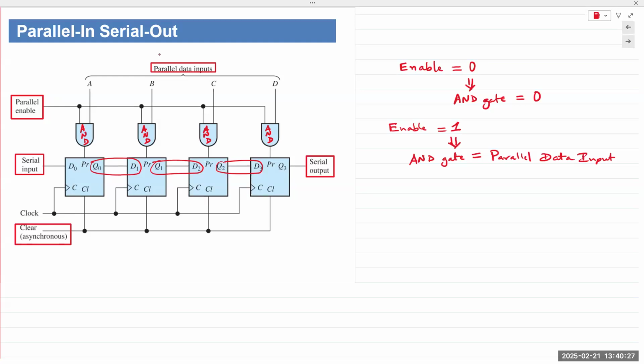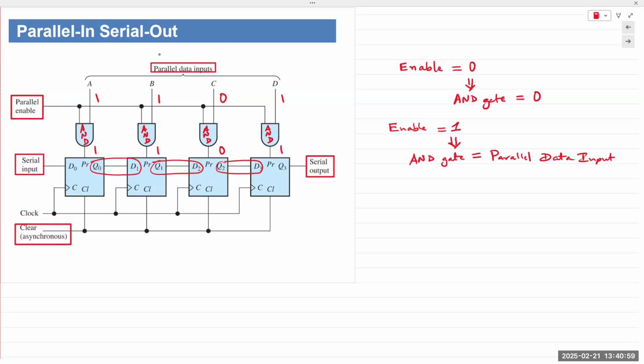So let's say, for instance, we wanted to send the input that we used in the previous example, 1011. So you're sending 1011, and the enable pin is high, so it's going to send 1011. Initially, of course, we set everything to be 0000.